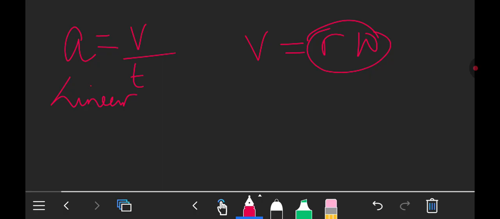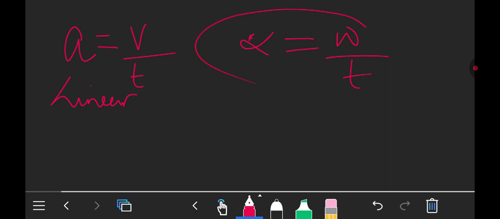Okay, or rather I can use an alternative whereby I can say, since linear acceleration is equal to velocity over time, I can also say angular acceleration, which is denoted by alpha, will also be equal to angular velocity, denoted by the symbol omega, over time.